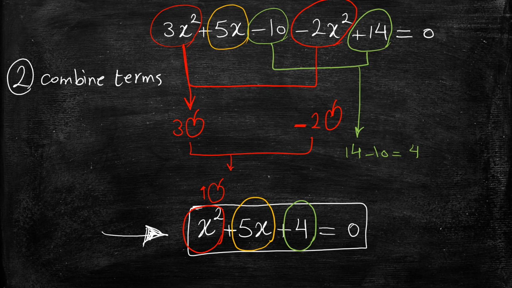It could have less, like 4 could be 0 or any other thing, but at max there are 3 terms. Okay, now in the last step you will see how we solve them.